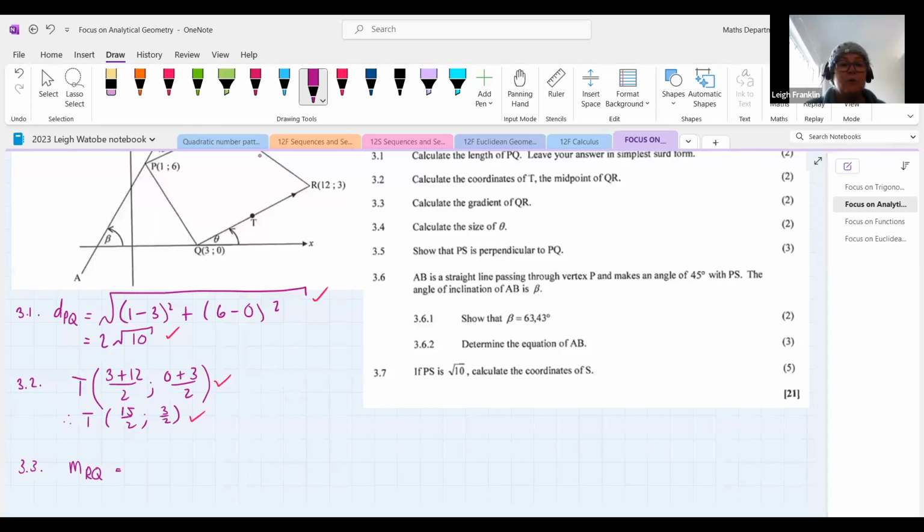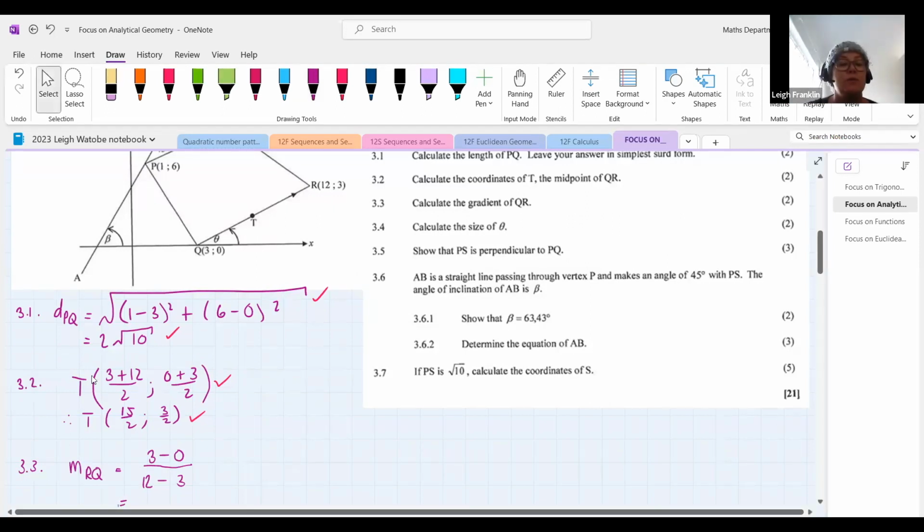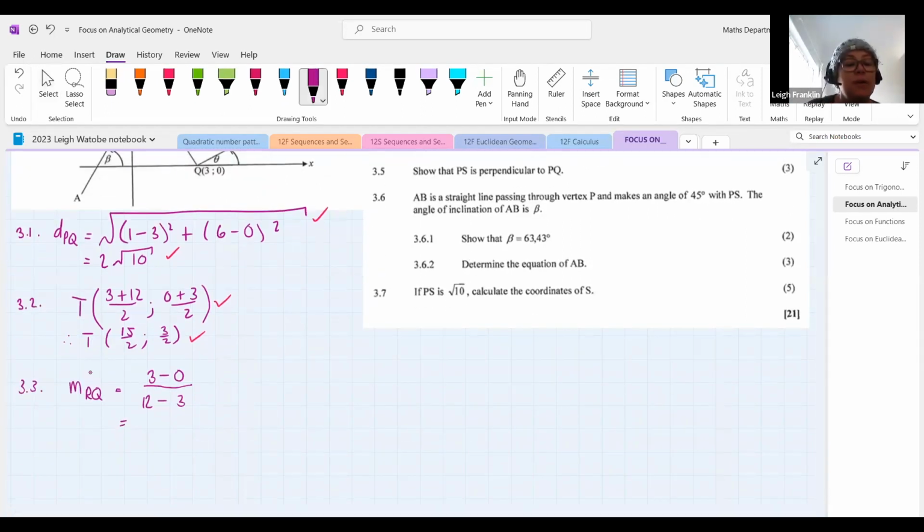Okay, so we've got 3 minus 0 up at the top over 12 minus 3 at the bottom, and that's going to give us a gradient of 3 over 9, which is 1 over 3. Let's just move down a little bit and put that over there.